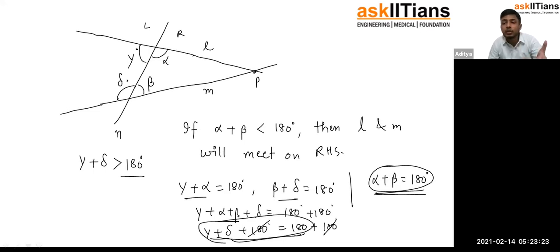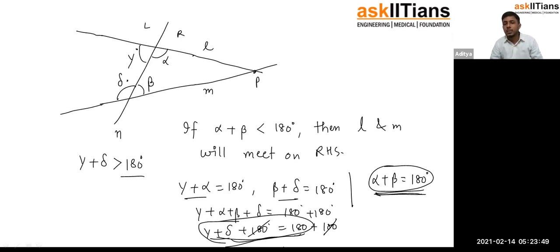Then in that case, the lines will never meet. They cannot meet on the right hand side, because alpha plus beta we have assumed equal to 180 degrees, and they cannot meet on the left hand side also, because here we have proved that gamma plus delta is also 180 degrees. So on neither side do we get a sum less than 180.